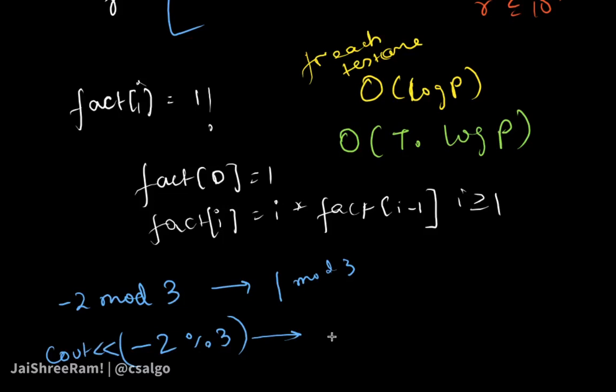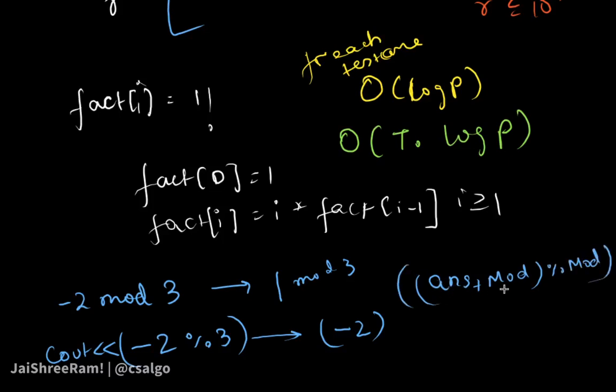What happens is that in C++, this reports -2. So if your answer is at some time getting negative, you need to make sure that you make it positive. If at the end you have an answer that might become negative, and you are not really sure, what you can do is add mod, and take another mod, and that will make sure that things are positive, right?